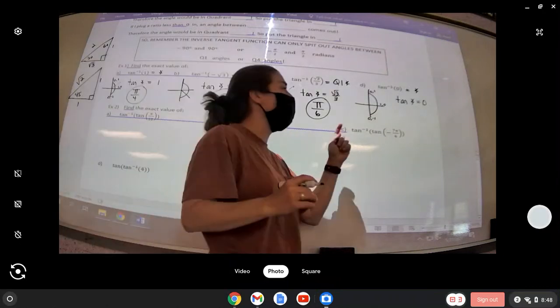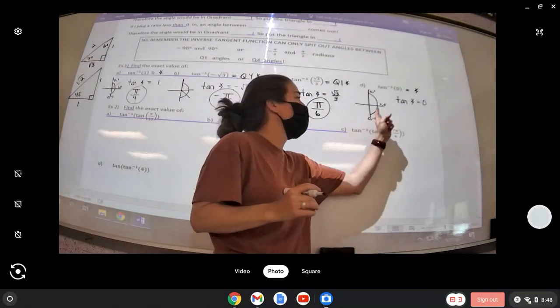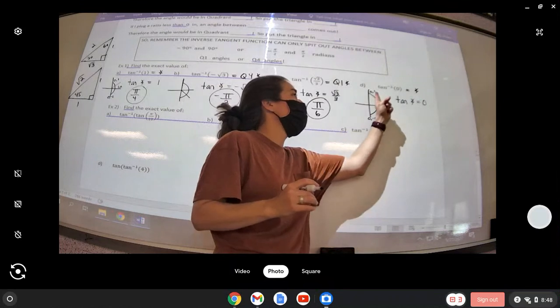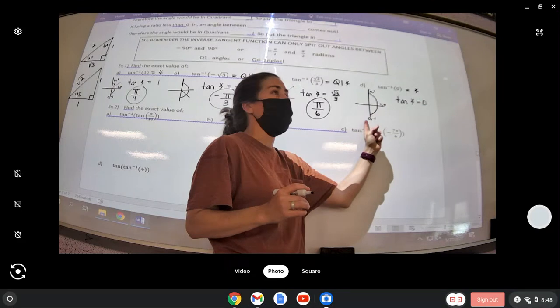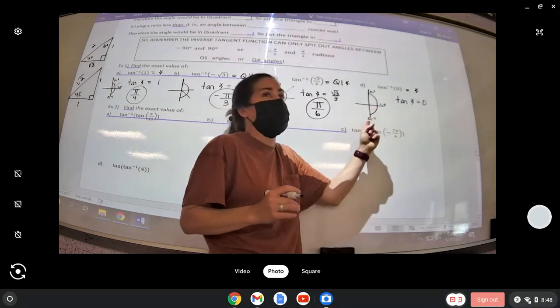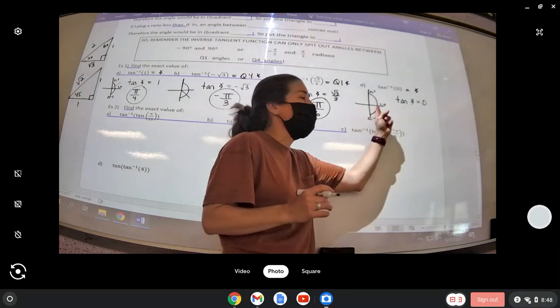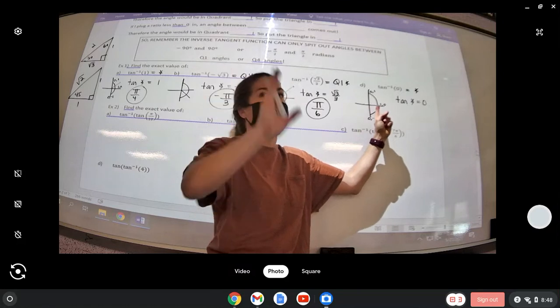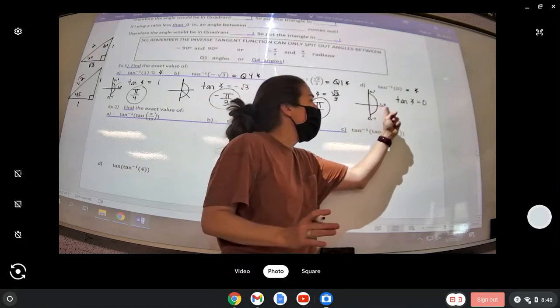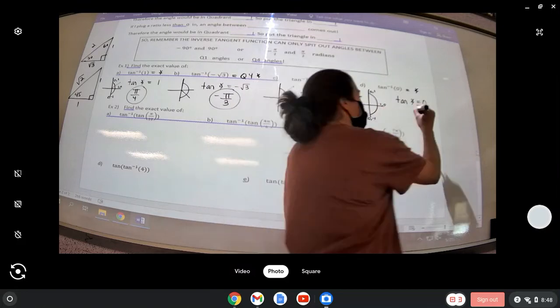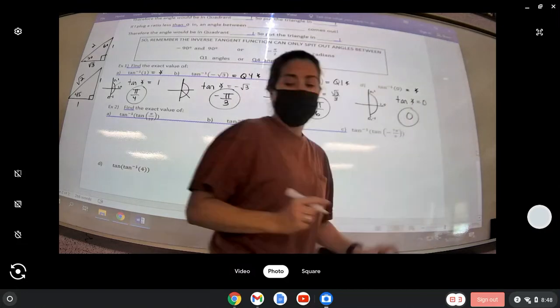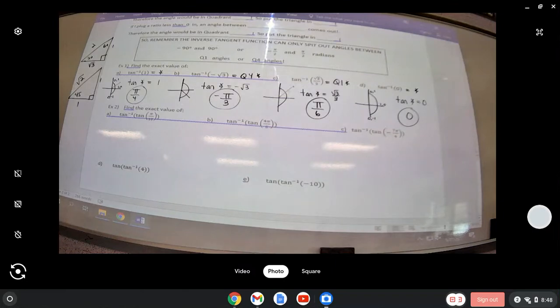Only an angle at how many radians? 0. You put this over that, 1 over 0, it's undefined. You put negative 1 over 0, it's undefined. So they don't have a tangent ratio of 0. But at 0 radians, or 2 pi, but remember 2 pi would never come out, doesn't survive the cut. It's 0 over 1 is 0. It's got to be 0 radians right there at that angle. Okay?